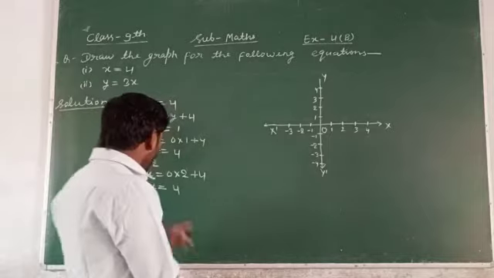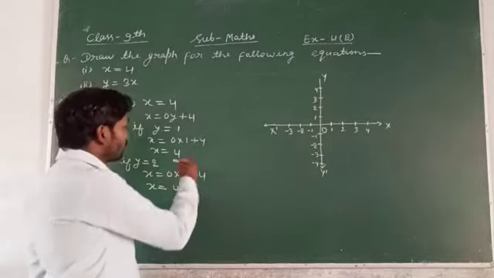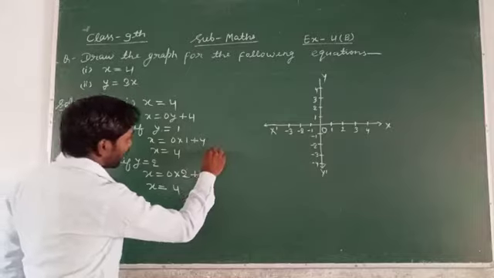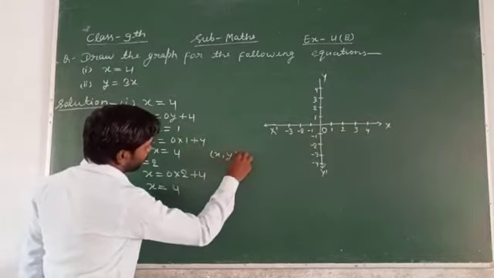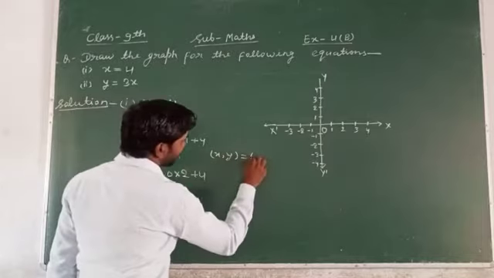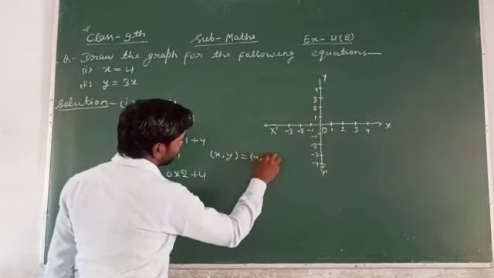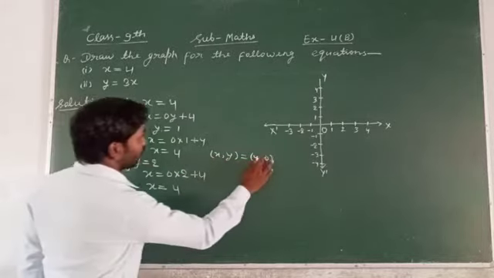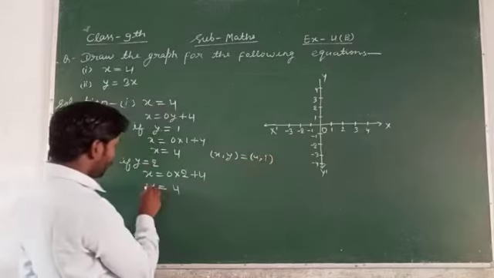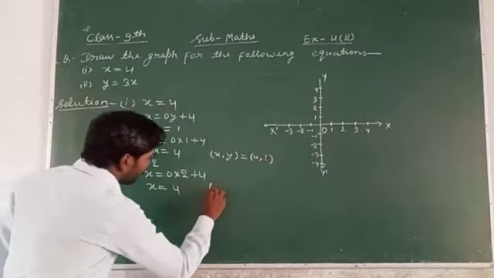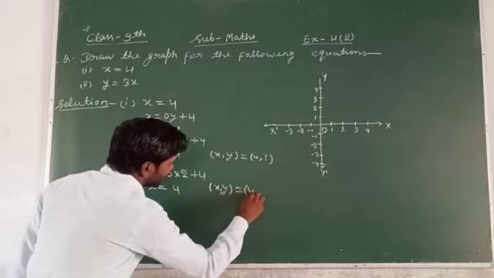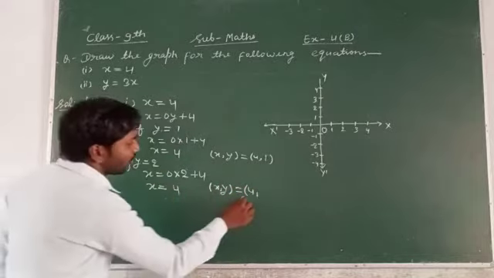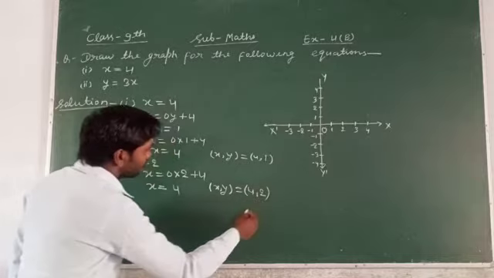Let us put this point, or we can write this as (x, y). Means the value of x is 4 and y is, sorry, y is 1. So the value of x is always 4 for any value of y, for example y is equal to 2.